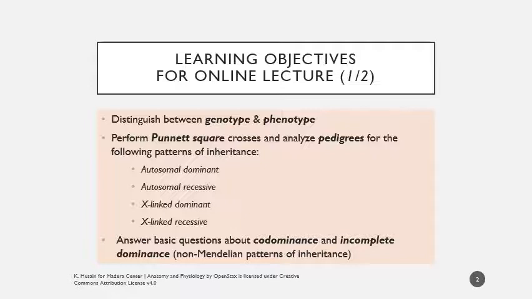So the way that two copies of a gene, one from one parent, one from the other parent, can interact, kind of follow these different patterns of dominance and recessiveness. And if one of those genes is located on what we call an autosome, chromosomes 1 through 22, then it's autosomal.